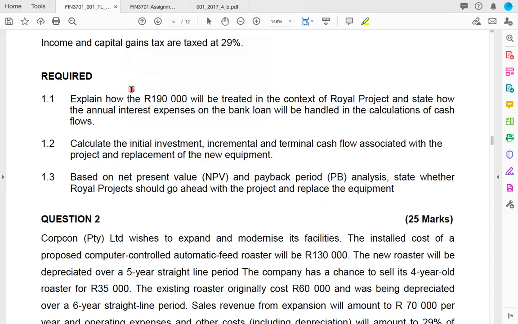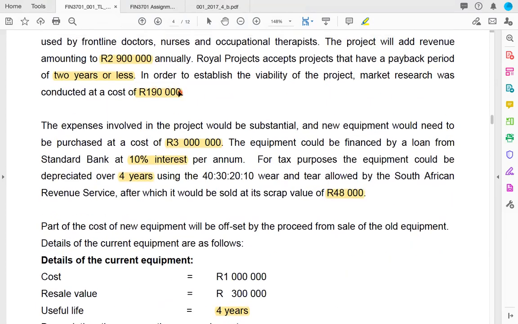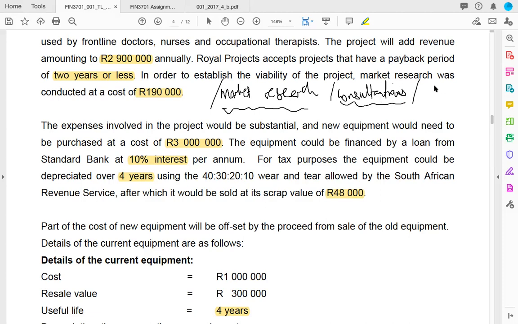So first of all, we were given 190,000, which is an expense associated with market research. Remember, any expenses associated with market research or consultations, like let's say you talk to consultants before you embark on a project, these expenses that happen before the actual project are known as sunk costs.